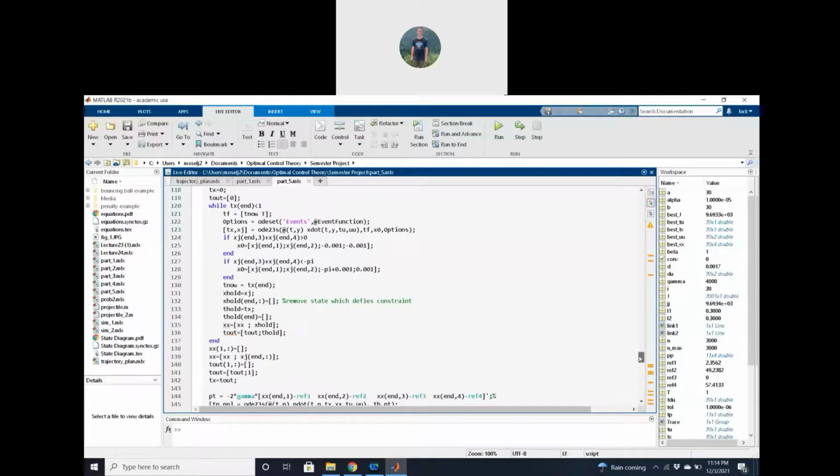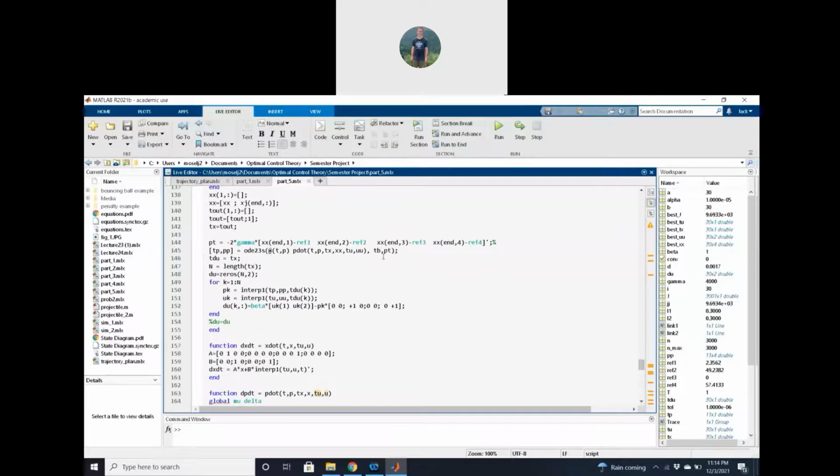Because these aren't actually turned on, the states can exceed the bounds while the robot is learning. But as we'll see in a second, the final result does conform to the constraints. Next, we see calling the terminal costate, the costate function, and the optimal input equation.